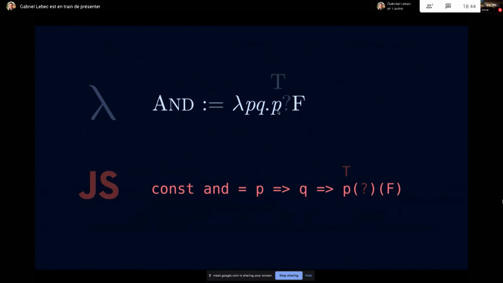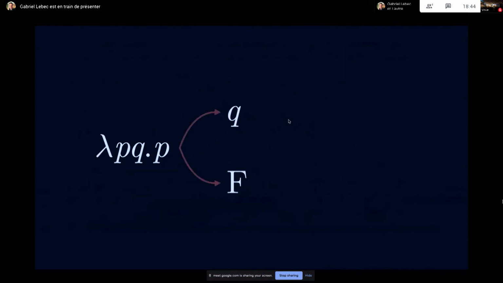And if this is the true function, that's a function that returns its first argument. And if this thing is true, well, we still have to look at Q to make sure that Q is true. So we can plug Q in there. And what we're saying is for any 2 Booleans, P and Q, P, if it's bad, return bad. If it's good, check what Q is and return Q. And it turns out since if P is false, return false, we could just put a P there instead. So we get this and is PQ, PQP.